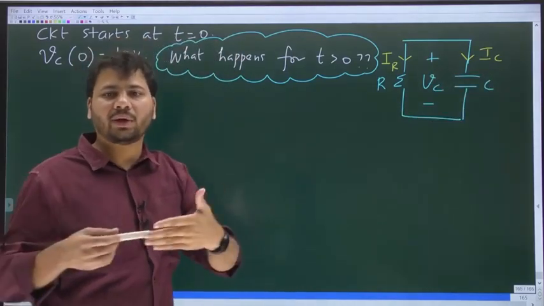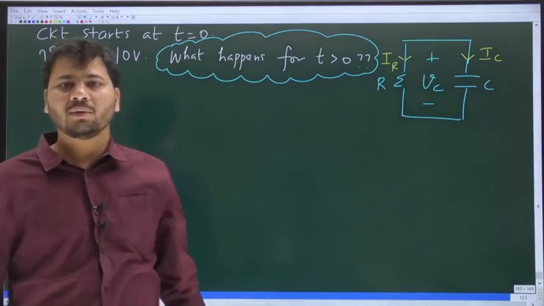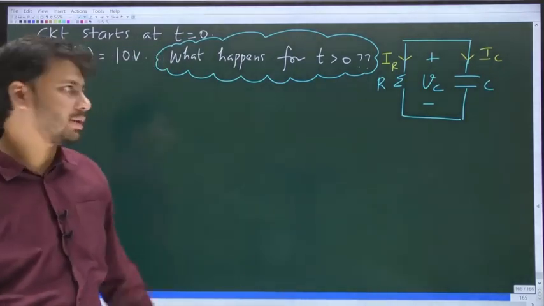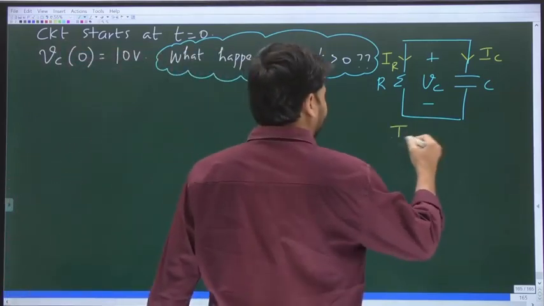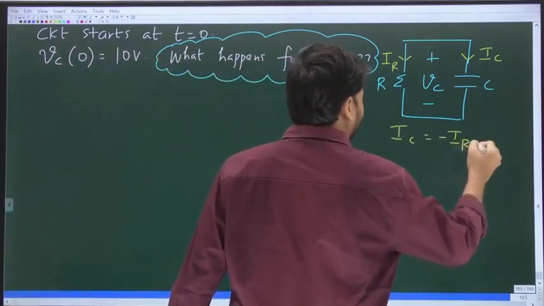Both currents flow in the same branch in opposite directions, so they are negative of each other. IC equal to minus IR.